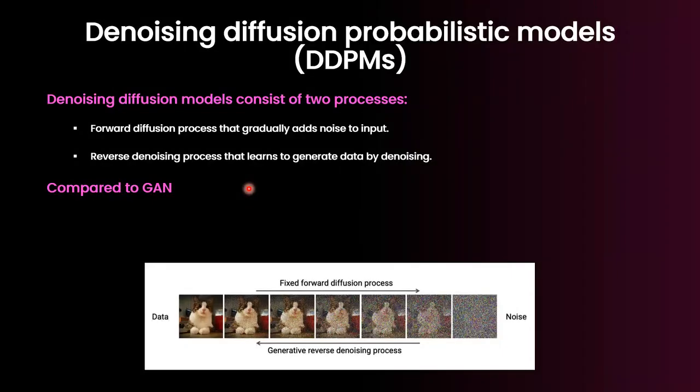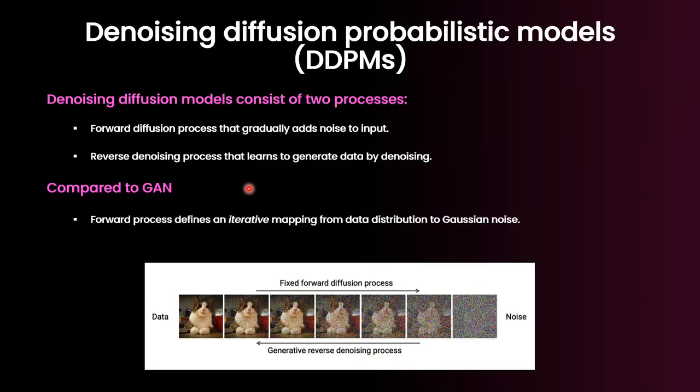But comparing it to GAN, I want to highlight two things before explaining each process in detail. GAN is maybe more complex, but there is a more important thing to highlight.